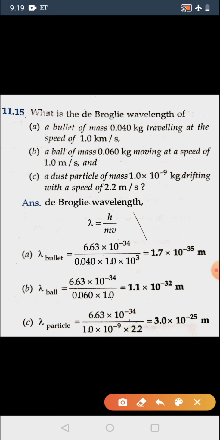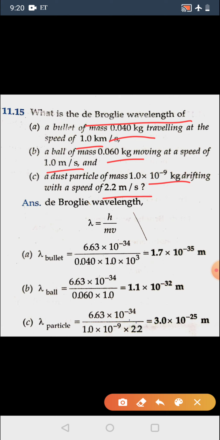In question 15 it is given: what is the de Broglie wavelength of a bullet of mass 0.40 kilogram, travelling with the speed 1 kilometer per second? And in the second part, a ball of mass 0.060 kg moving with this speed, and a dust particle of this much mass with this speed.